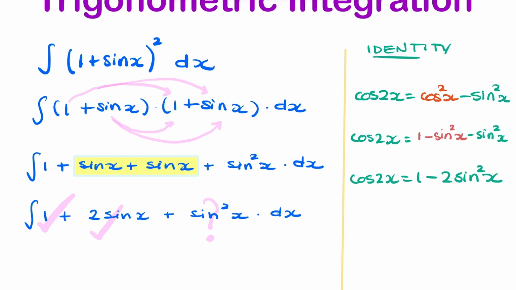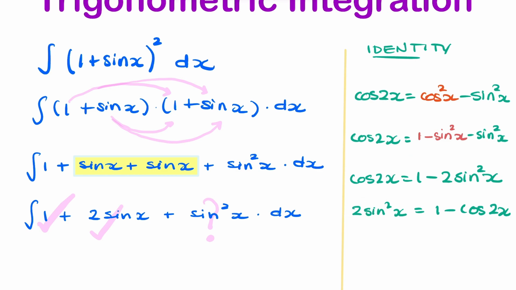Now, again, I'm looking for sine squared, so I'm going to rewrite this as 2 sine squared x equals 1 minus cosine 2x. So I brought this to the left side, and I've brought that to the right side. Now I'll just divide by 2.